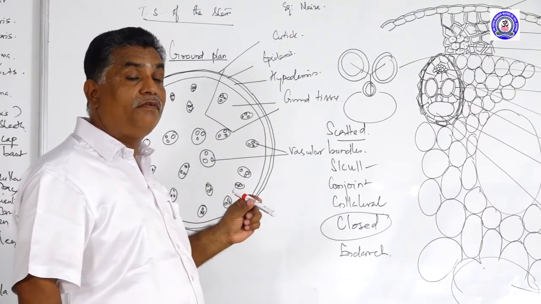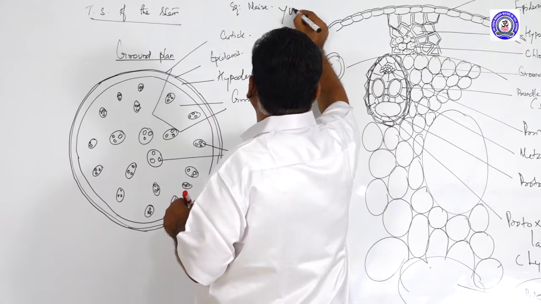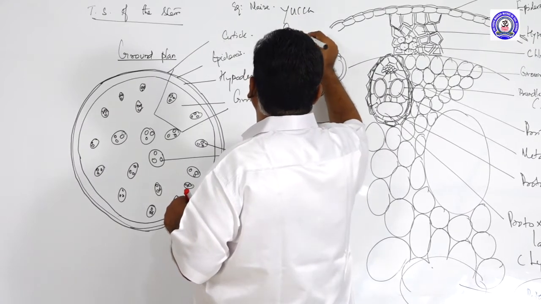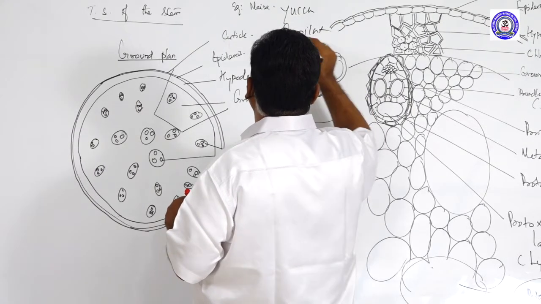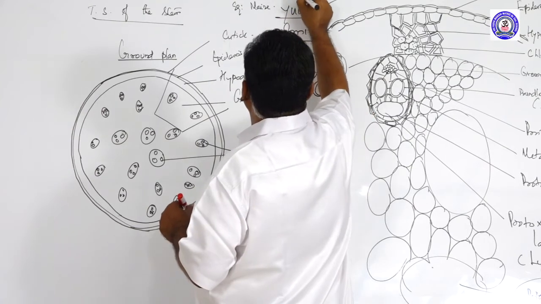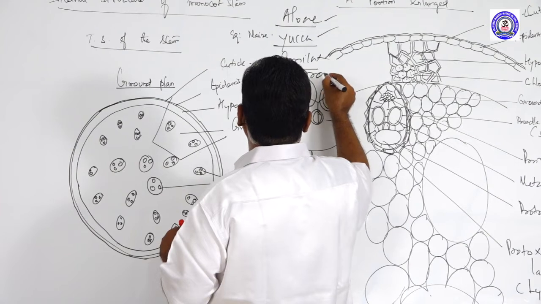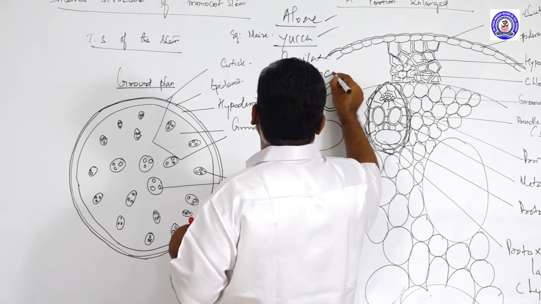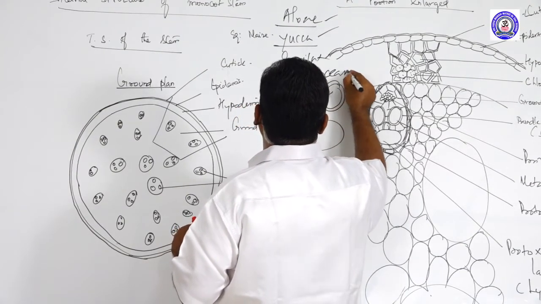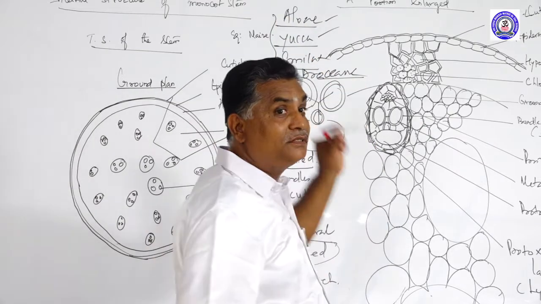But in the case of smilax, yucca, aloe, dracaena, in all these cases we can find secondary growth.